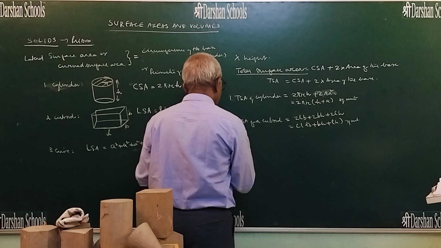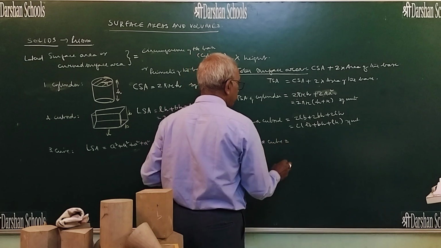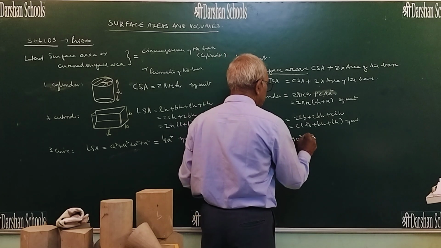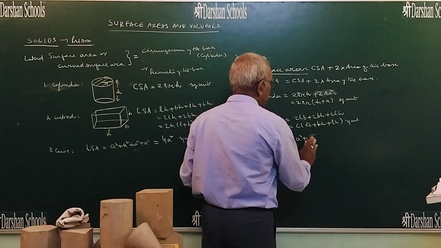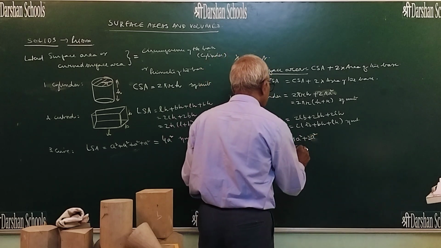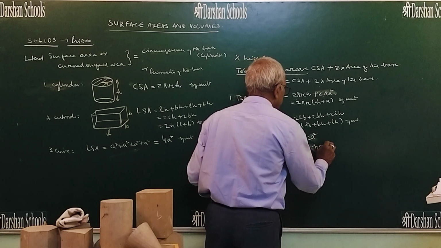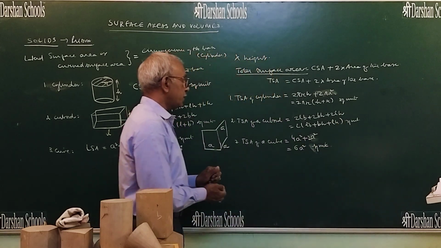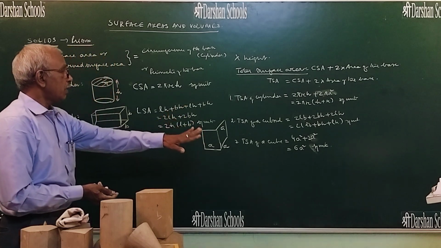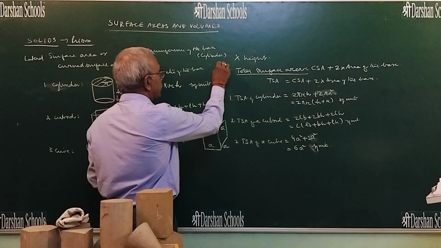Next, the total surface area of a cube is given by, already you have lateral surface area 4a square and area of the base, area of the top 2a square. So it is 6a square square units. So here you learned total surface area, curved surface area, lateral surface area of solids.